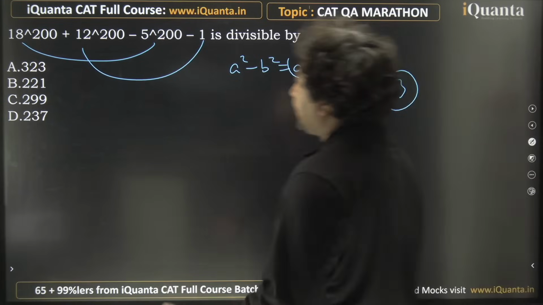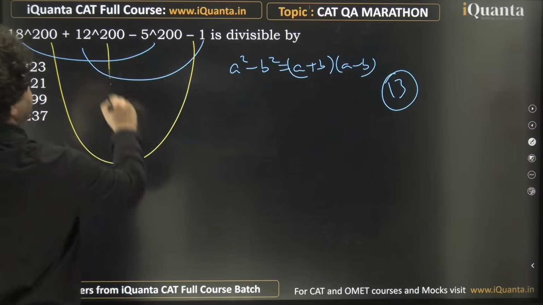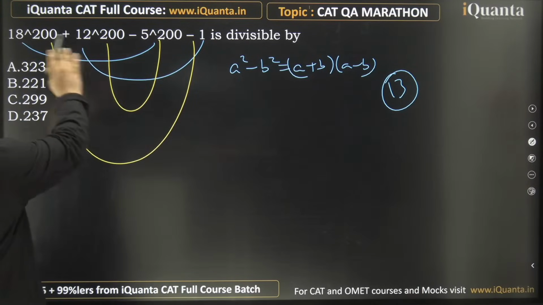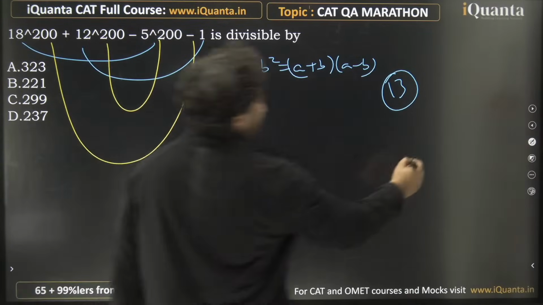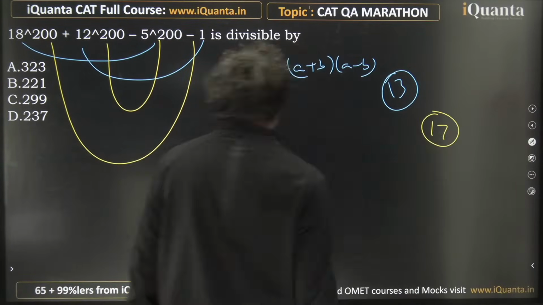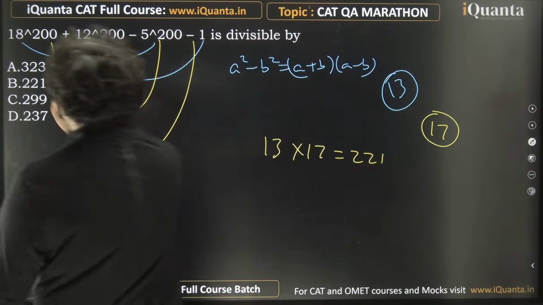I'll use the other pairing with the yellow ink. Taking this and this common and this and this common, now you'll get 18 minus 1 and 12 plus 5. 17 common from here. So 13 and 17 have to be factors. If you multiply them, I get 221, which is my answer.